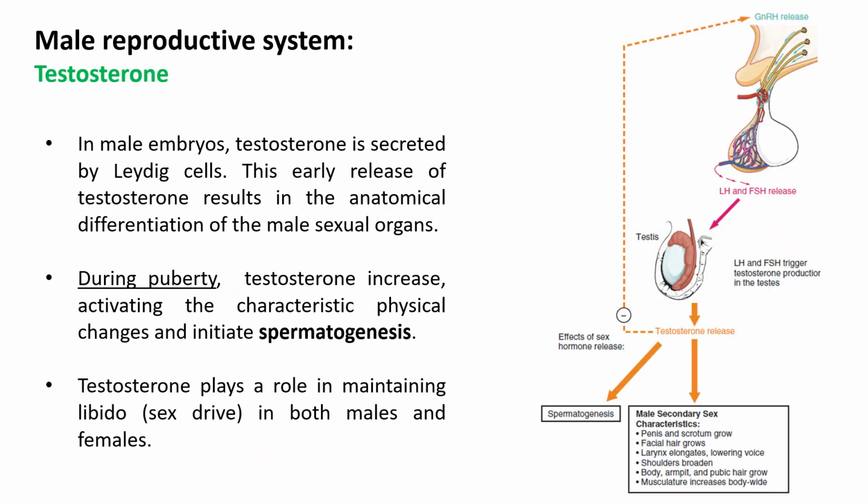So how is this production regulated, or how is spermatogenesis initiated? We said that it starts during puberty when the testosterone levels start increasing. Remember that everything starts in the hypothalamus.